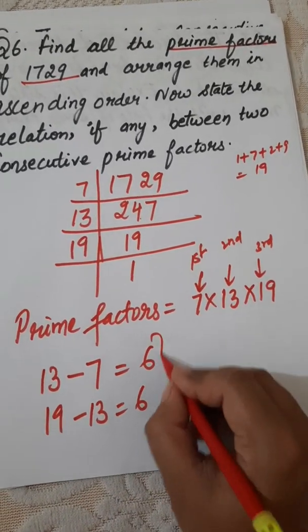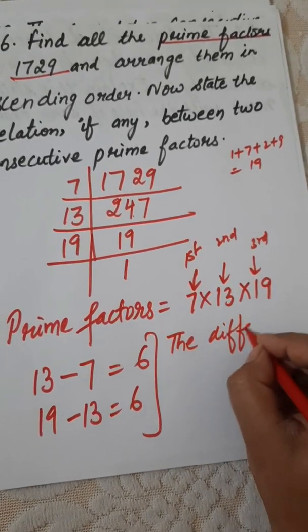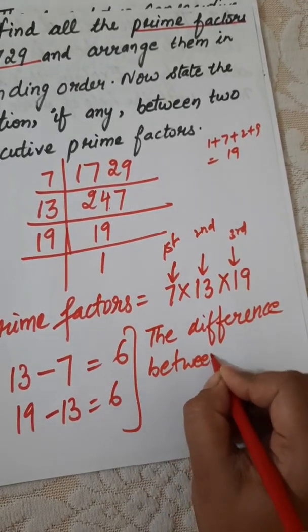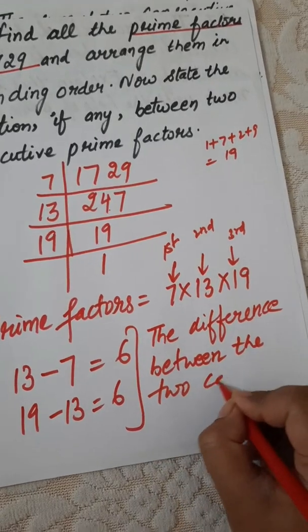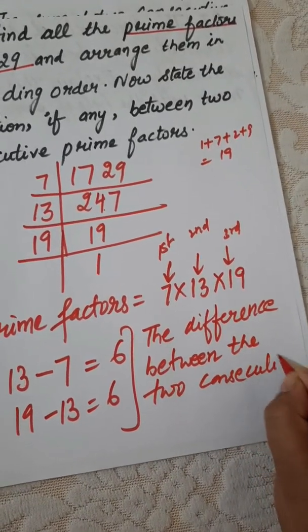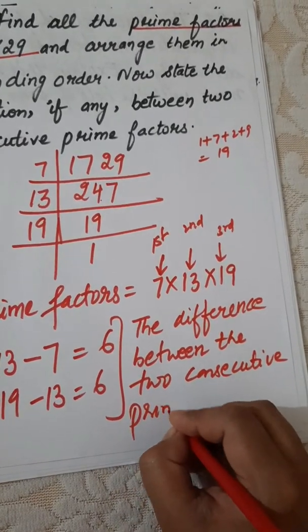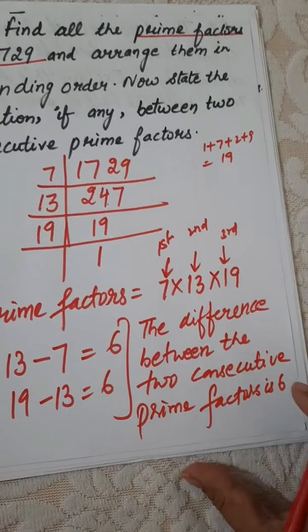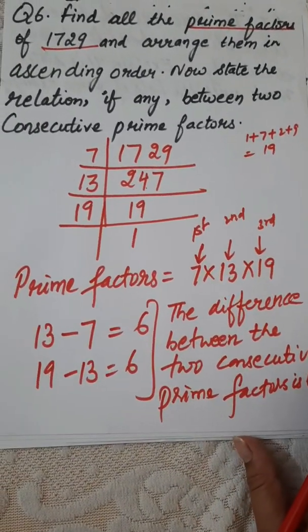So I can simply say that the difference between two consecutive prime factors is 6. So this is the relation between two consecutive prime factors.